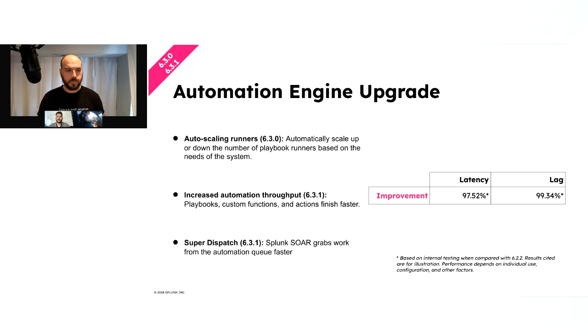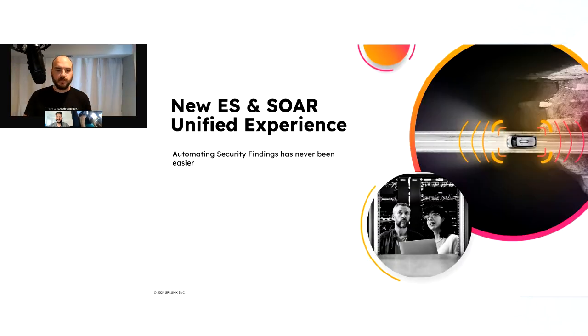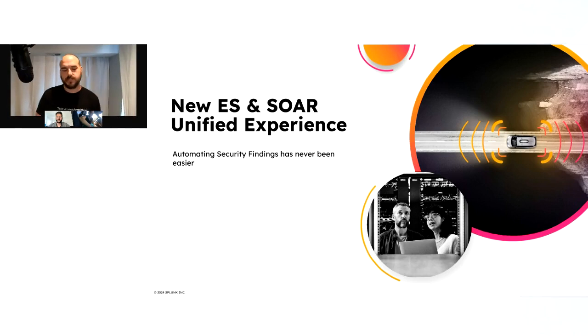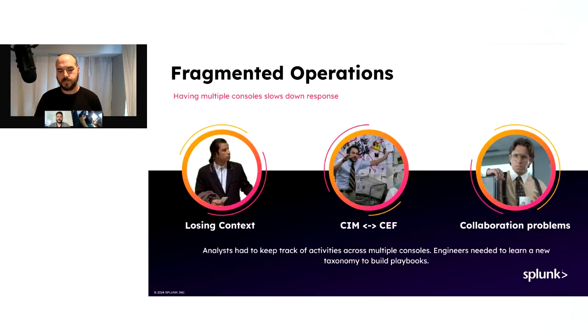Okay, so a big one, the new Enterprise Security and SOAR unified experience. So we're going to spend a little bit of time on this, talking through a lot of new features around this. So what was the situation around automating against Enterprise Security? Well, there's a few problems that we often find customers run into.